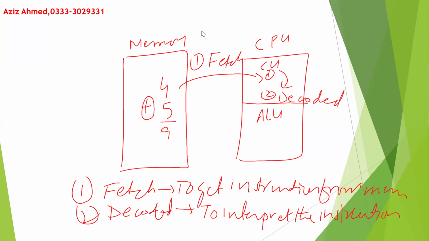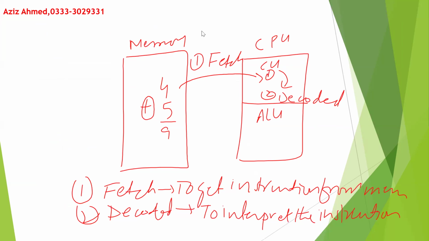What does interpret mean? The CU tells the ALU what it has to do. The CU will tell the ALU to add the two numbers. This is the interpretation. Decode means translating the instruction into what has to be done by the ALU.